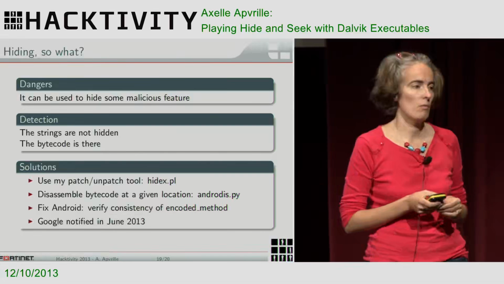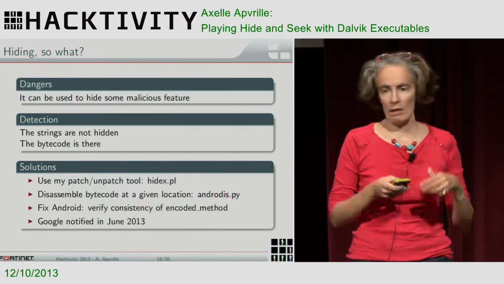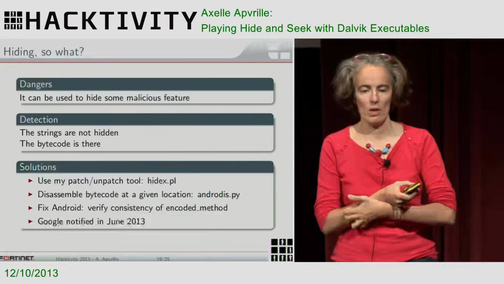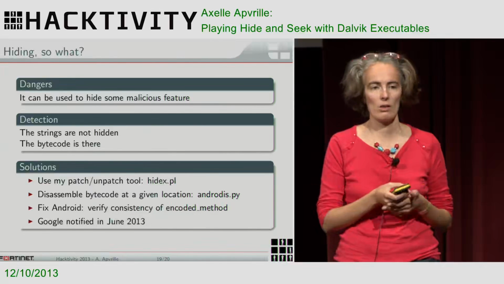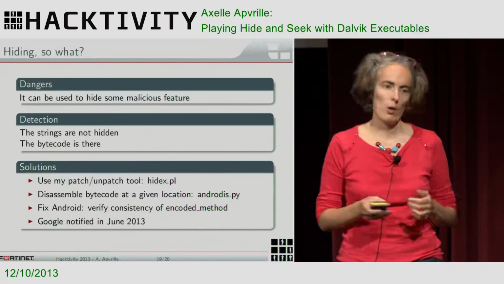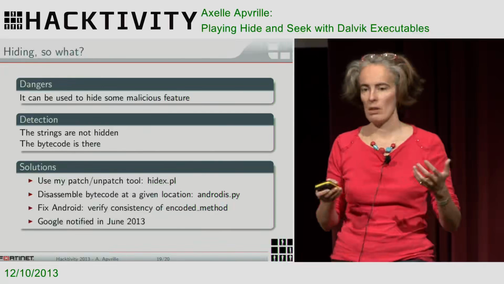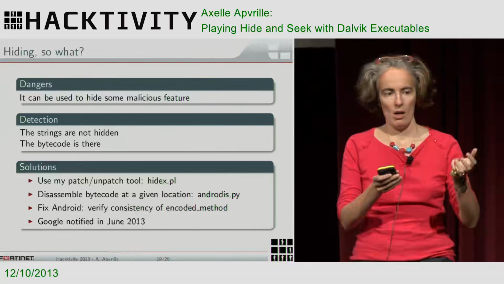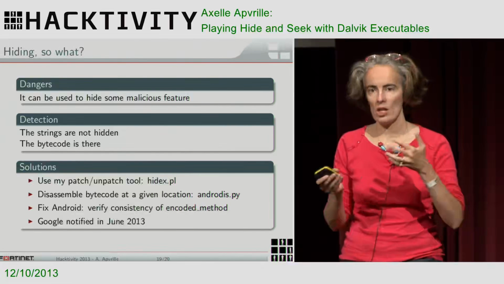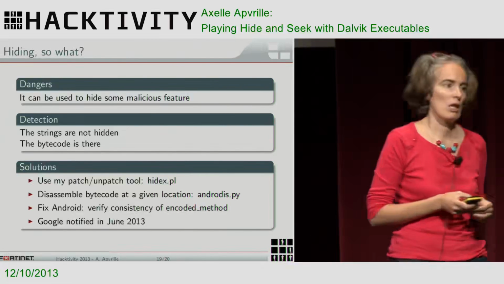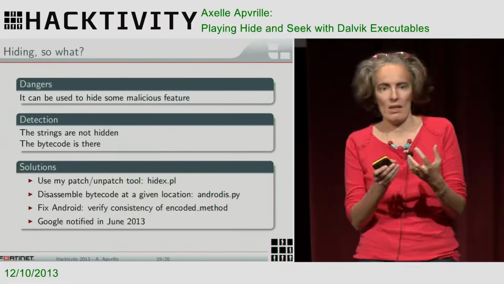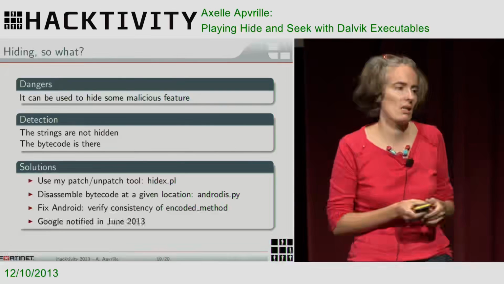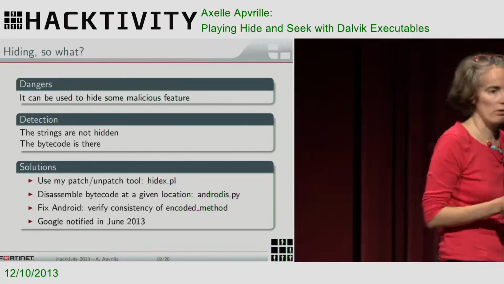Or you can look for strings. I've also sent this hack to the Google security team. They are aware of it, so maybe one day they will fix Android with a better consistency check for the DEX executables, so that we cannot include something inside it that is not actually being used. That's a possibility.